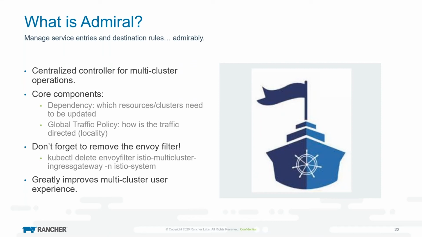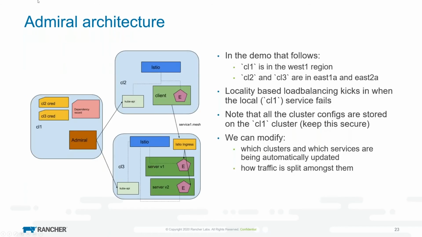The way it operates is that you more or less establish a dependency on various clusters to various services, and then you determine a global traffic policy to distribute traffic across those different services. I think it's a great step forward in improving multi-cluster user experience. That way you don't have to go in and manually create a service entry every time. I think I have one more slide.